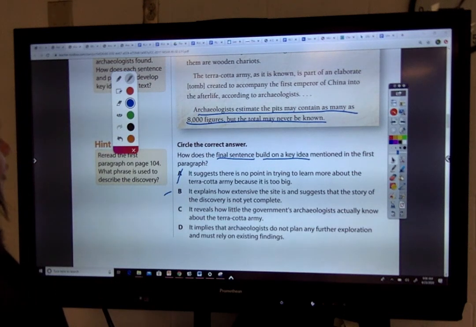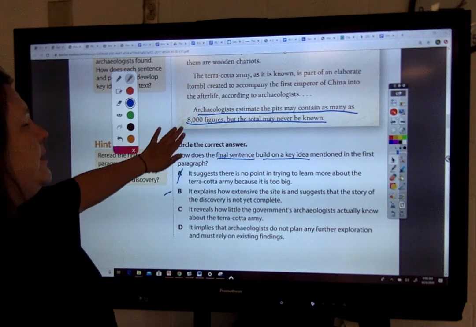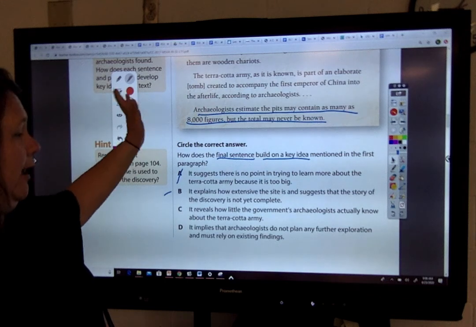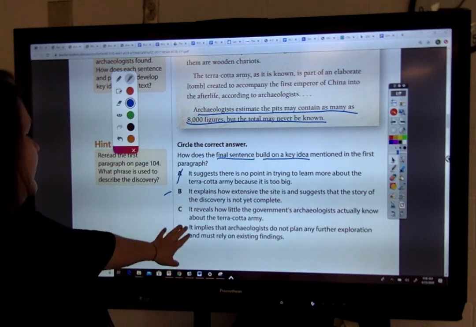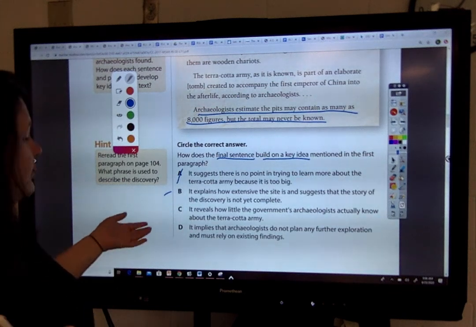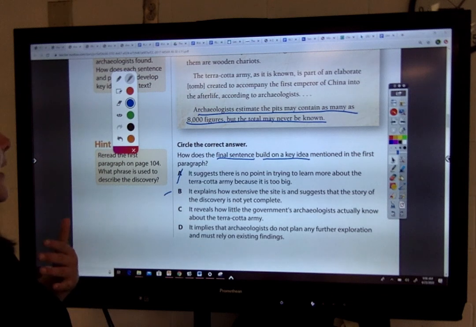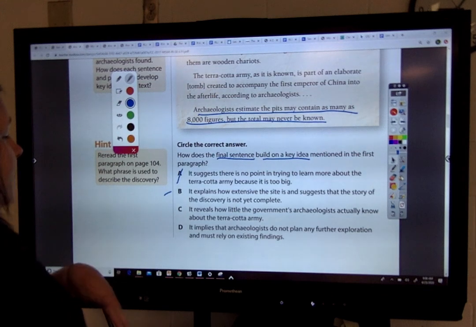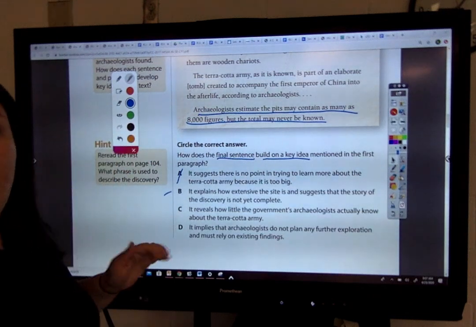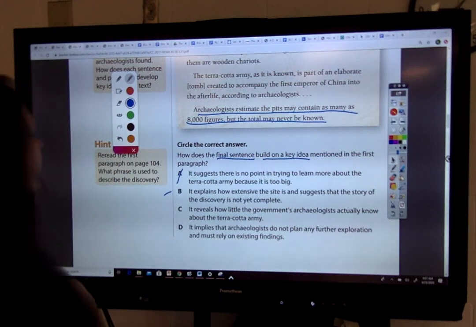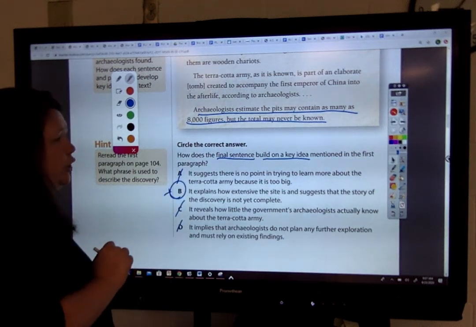C, it reveals how little the government's archaeologists actually know about the terracotta army. Does that talk about how little they might know? No. All right, D, it implies, that means just tells, that archaeologists do not plan any further exploration and must rely on existing findings. Does it tell me that they're not going to do anything else? No, that's not what that last sentence says. So I can mark out C and D, and my correct answer is B.